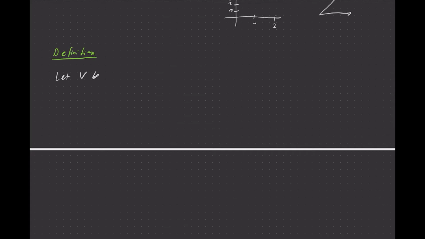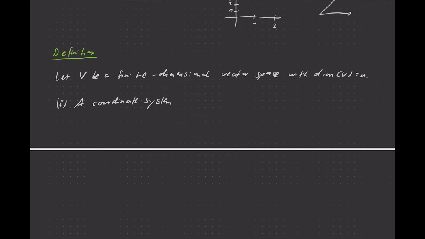Let V be a finite dimensional vector space, and let's say the dimension of V, we'll abbreviate that as n. Then, first part of our definition, a coordinate system on V is an n-tuple.